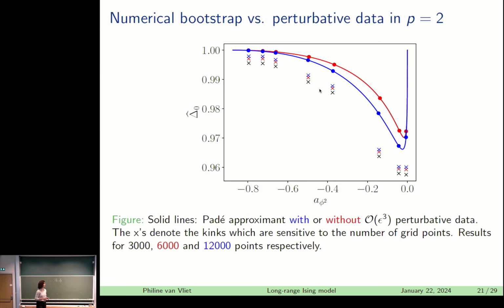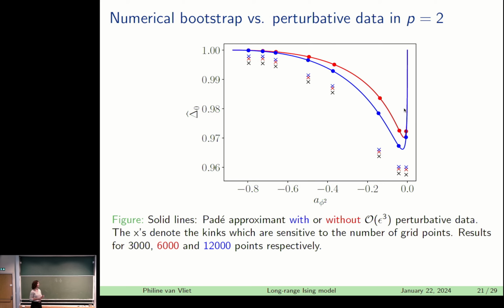So now let us make another comparison with perturbation theory. So here these x's are the rightmost kinks that we saw from the plots for different precision. And these blue and red lines are the Padé approximants coming from perturbation theory.